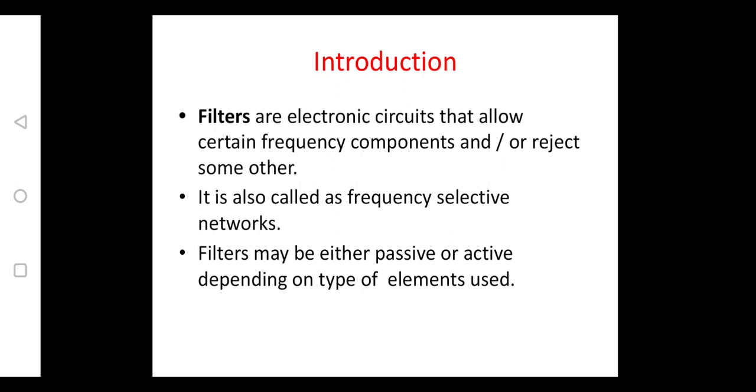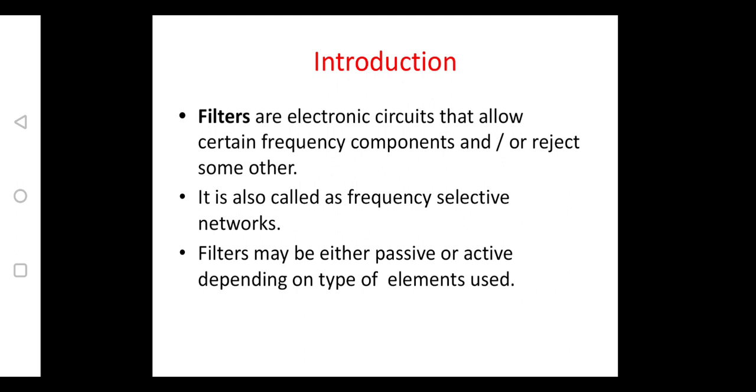If we are having a passive filter, what is the need for using an active filter instead of a passive filter? There is a limitation of frequency range in a passive filter.